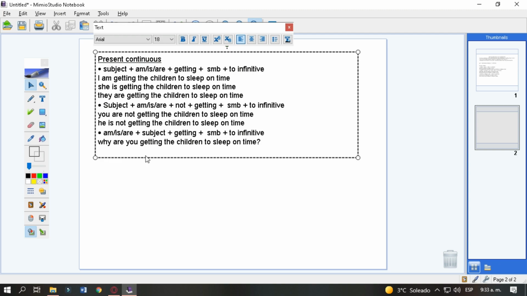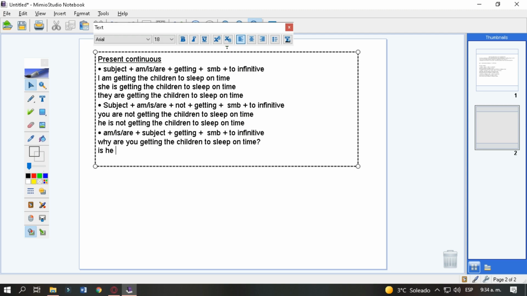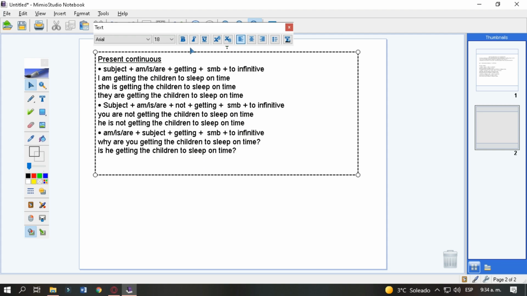Well, in this case we cannot say on time, we can say just to sleep. Is he getting the children to sleep on time? This is how we work with the present continuous tense using the causative verb get.